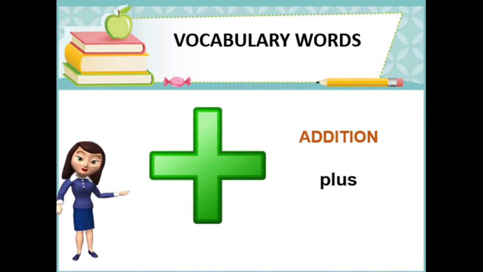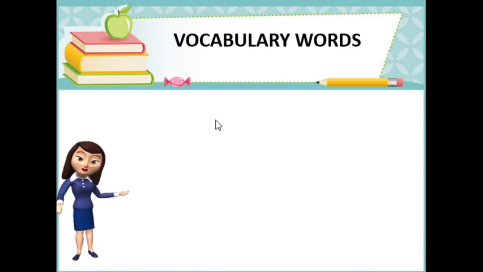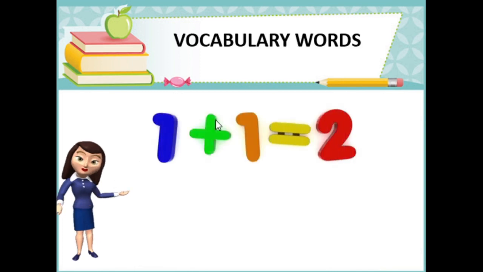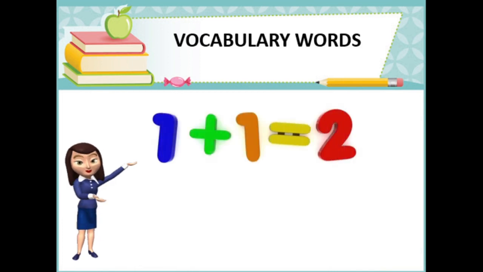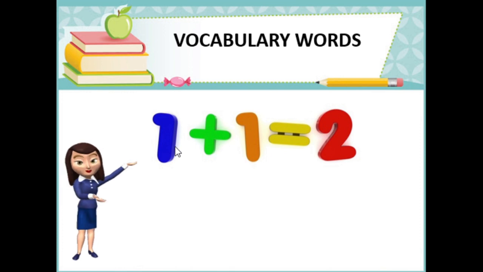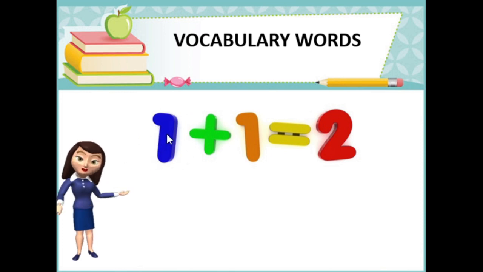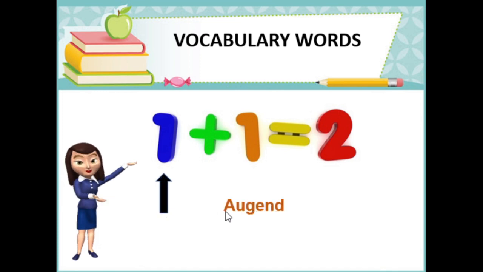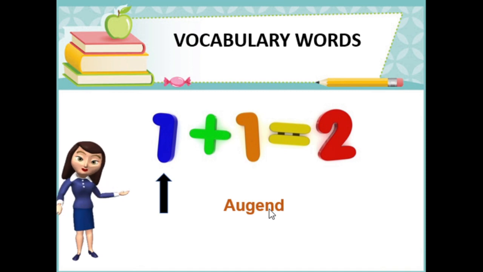Next word, vocabulary 2. Since we are talking about addition, let's know what we call the numbers in an addition equation. First, let's have this one over here, the blue one. This blue one is called augend.